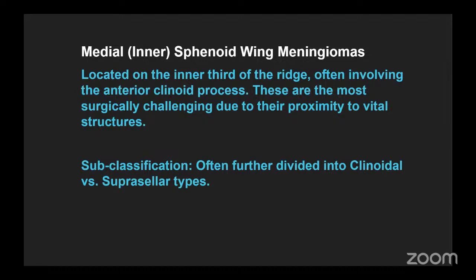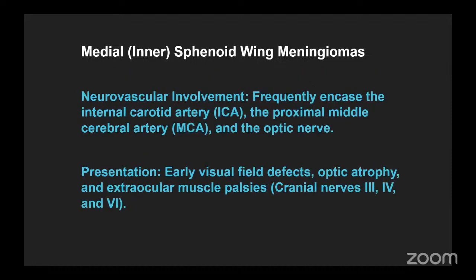You will have primary optic atrophy on fundoscopy, and these are also the hardest ones because they are very close to the optic nerve. They're also close to the ICA, and complete resection is often not possible. Some authors divide medial sphenoid wing meningiomas into clinoidal and suprasellar types as well.